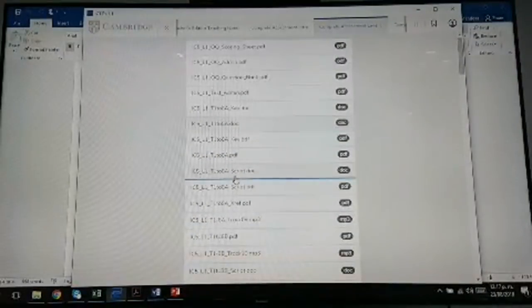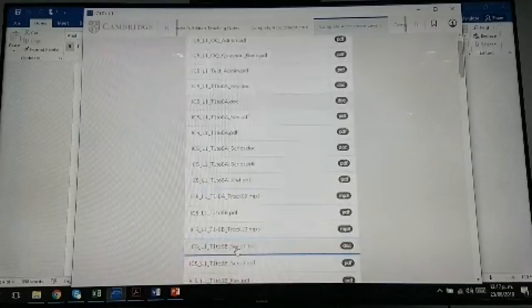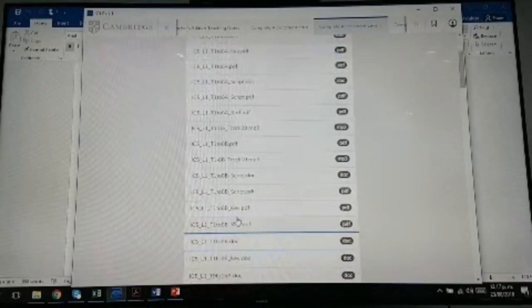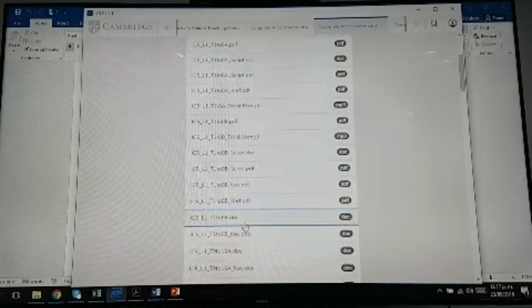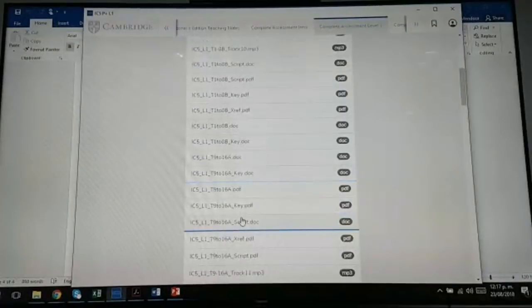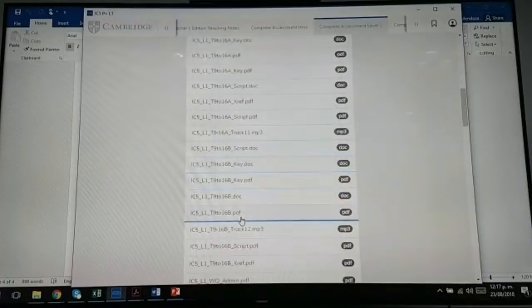And it has different sets for your students. So you have here different documents. You have the audio files that you want to include, of course, in your test. You have A version, you have B version, you have the scripts in case you need them, you have some reference, you have the answer keys for the different versions, okay?